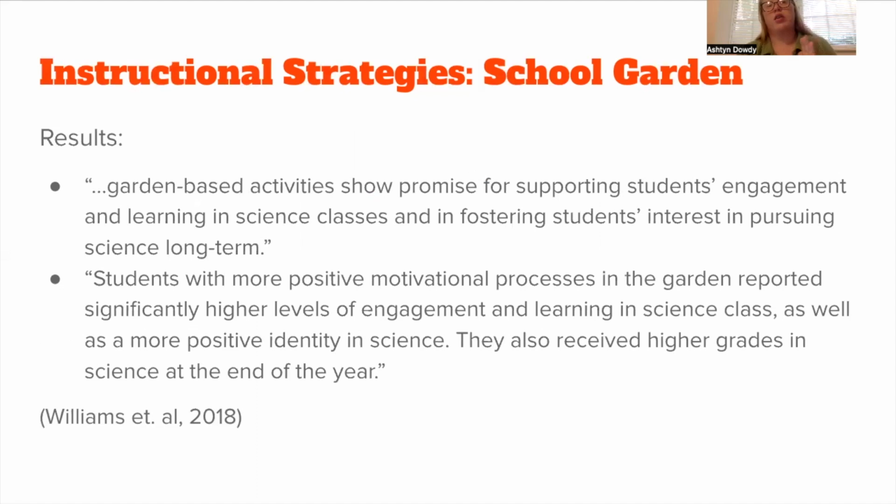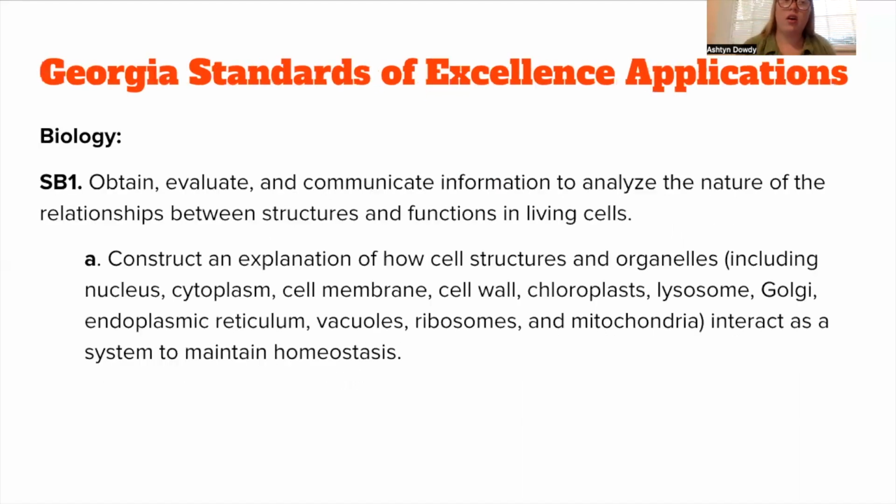And also, if you look down here, students with more positive motivational processes in the garden, that then contributed to a more positive identity in science, higher levels of engagement, and also students ended up receiving higher grades in science at the end of the year as well. So overall, there was a very positive effect of the implementation of the school garden on not only, again, the social and team bonding skills, but also just science in general and science grades and things along those lines, and motivation to learn science. So again, that was a middle school in Portland, Oregon.